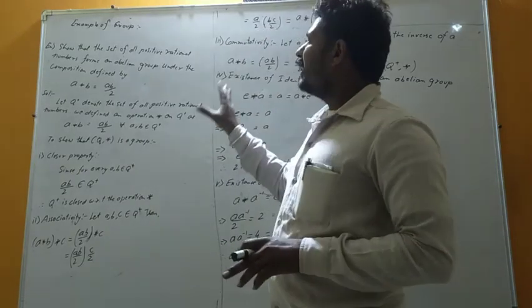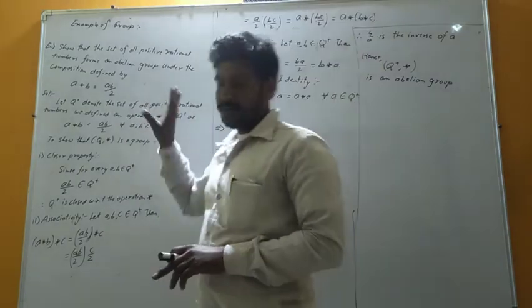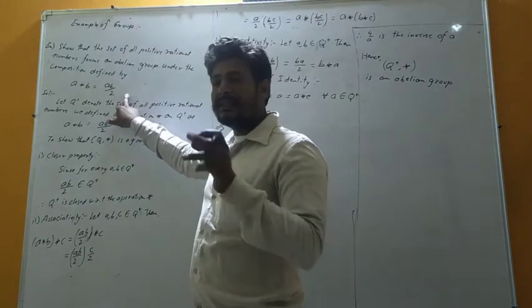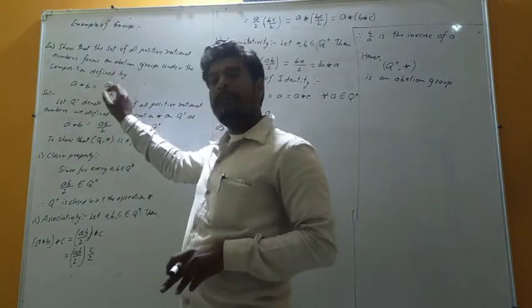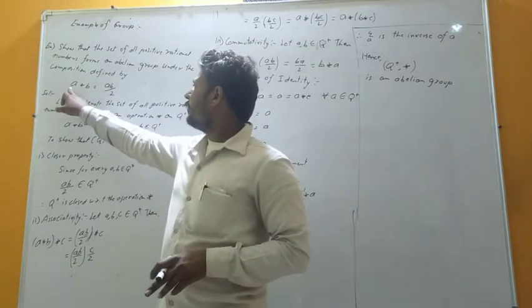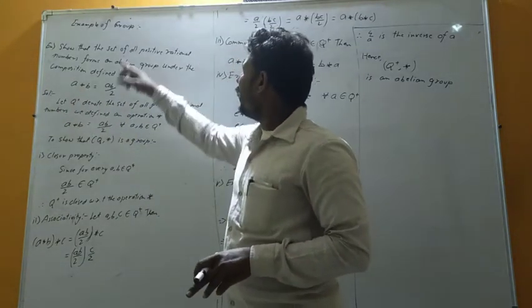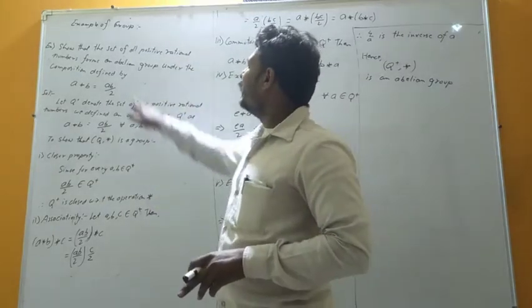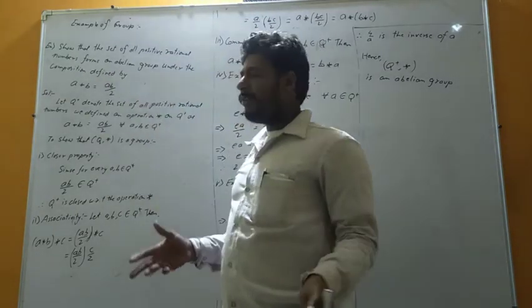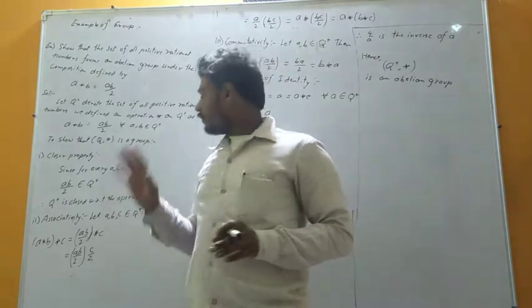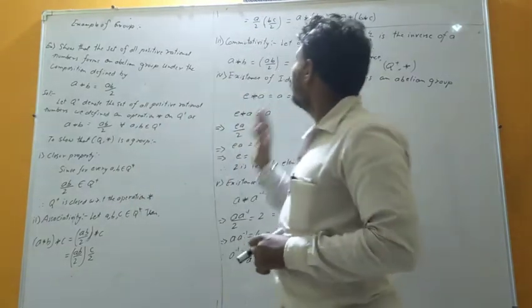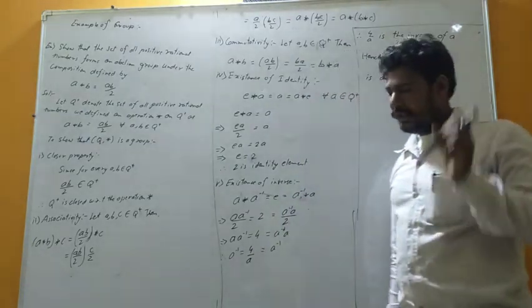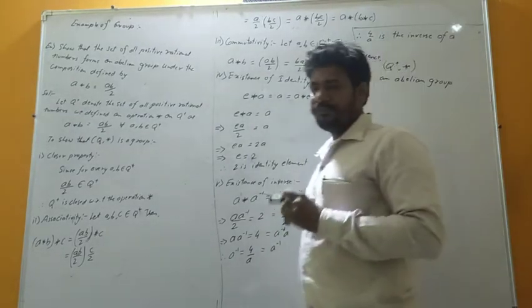We have an operation star defined so that a and b, positive rational numbers, are composed as a times b upon 2, and we have to show it is an abelian group. So we have to show five properties: closed property, associative property, commutative property, existence of identity and existence of inverse. Let us see how.